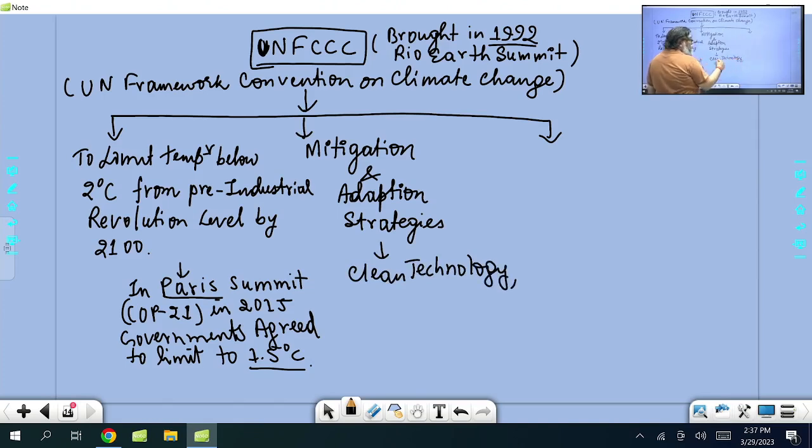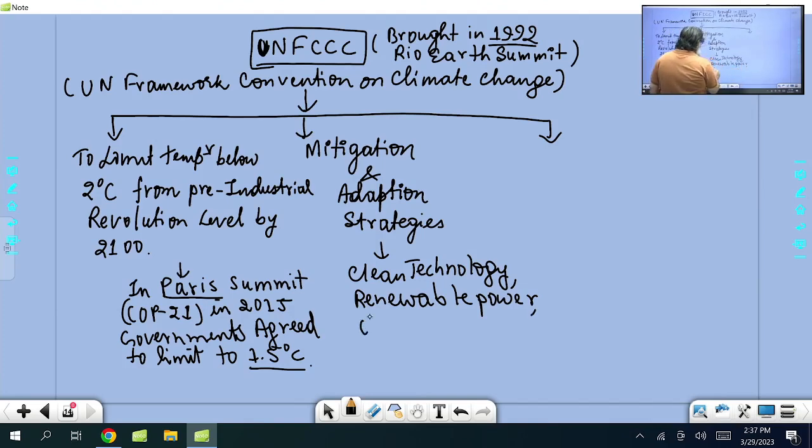From fossil fuel, we have to go to non-fossil fuel: renewable energy, solar power, wind power, biomass power. That shift has to be done now. Promotion of electric vehicles, better clean technology, hydrogen, use of hydrogen in future, solar power, wind power.